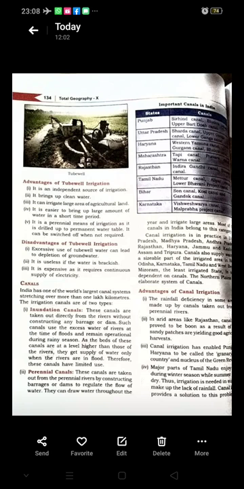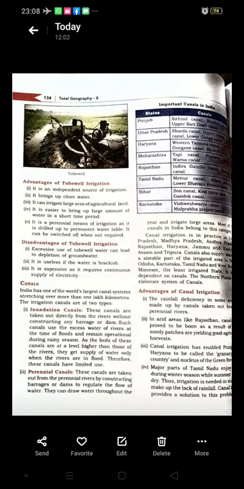Okay. Now there are some disadvantages of the tube well also. Now the farmer has to spend money on electricity or diesel. The tube well draws a large quantity of water, therefore there is depletion of the groundwater in the surrounding areas, and it is useless if the water is brackish.